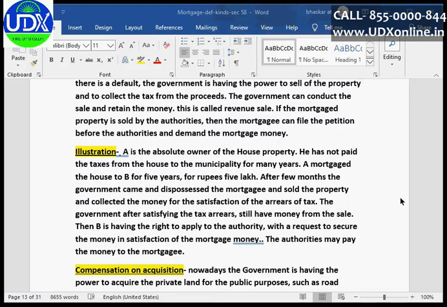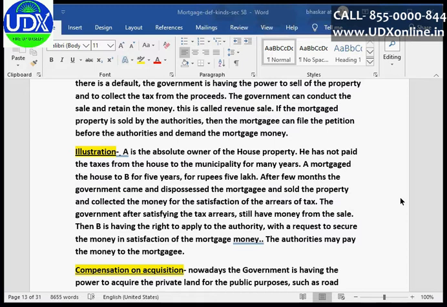The government, according to the notice, invited many people. They came, they took part. It was a free and fair public auction. There were terms and conditions.